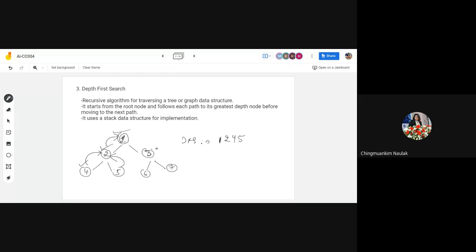So you write 3, and then you explore 3. You have 6 and 7, but you explore only one, that is 6. After 6 you don't have any other unvisited adjacent nodes, so you go back to 3, and 3 has another unvisited adjacent node, that is 7.